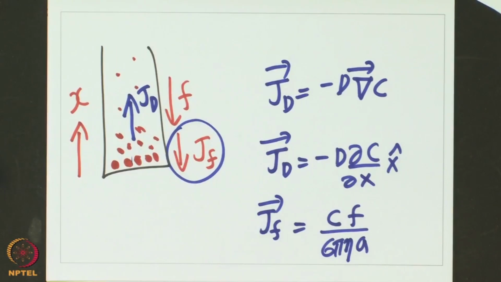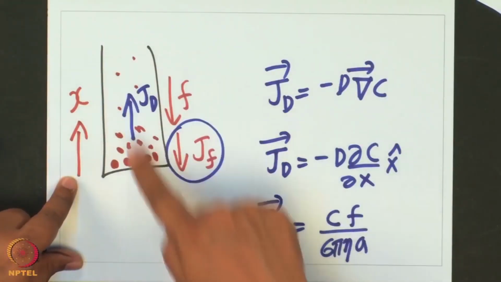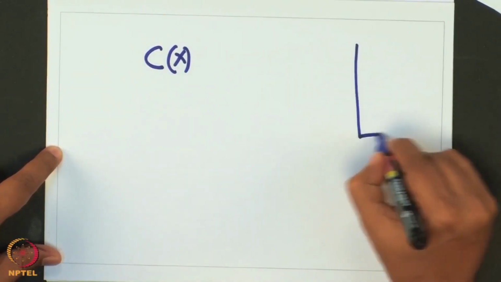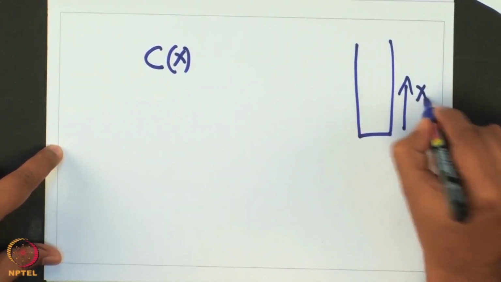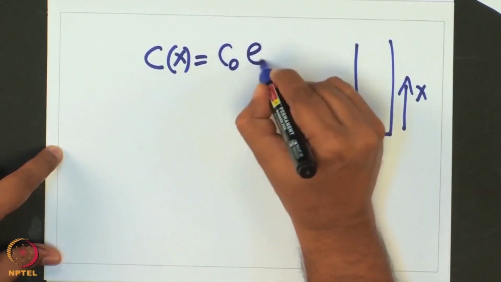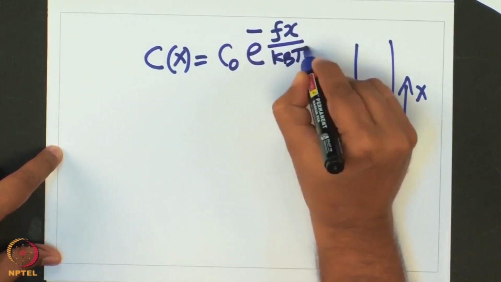So, it turns out that an analysis will show higher concentration when x is here and lower concentration here, and it can be argued, which I wouldn't discuss how it is coming, but from statistical thermodynamics and other ideas, one can show that C of x, concentration as a function of x, as you go along x would be some concentration C0 e power minus Fx by kBT.